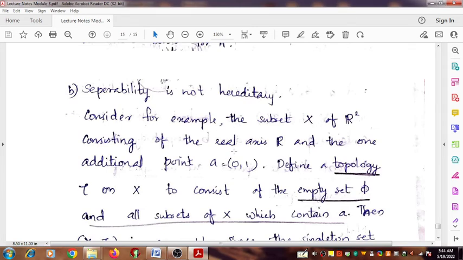In R2 we consider the X axis, the real axis R, and one additional point A equal to (0, 1).